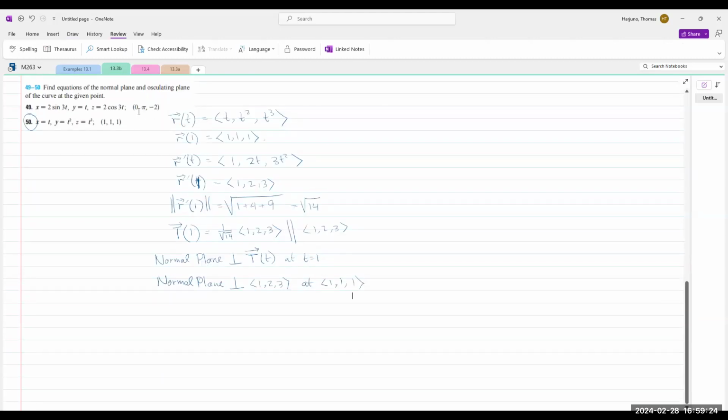So the normal plane is given by 1x plus 2y plus 3z equals a constant D. When I plug in the coordinates 1, 1, 1, 1 plus 2 plus 3 equals D, so 6 equals D. The equation of the normal plane is x plus 2y plus 3z equals 6.